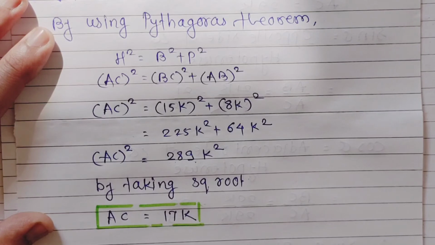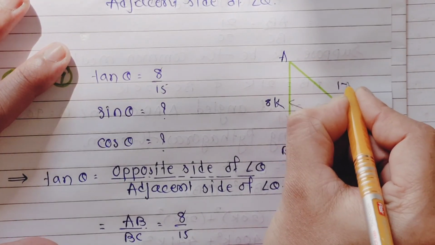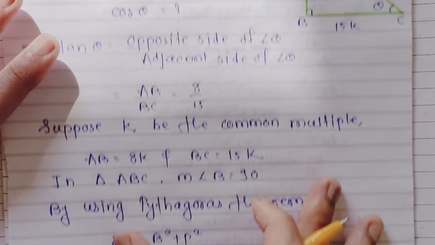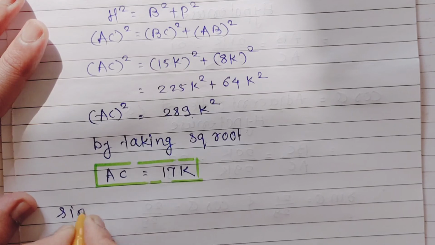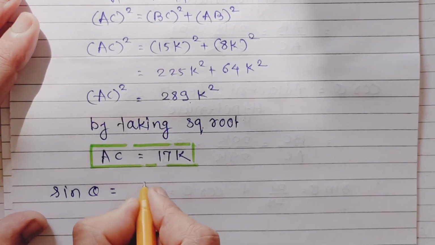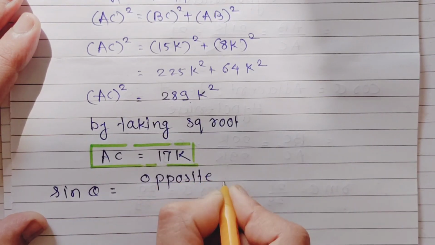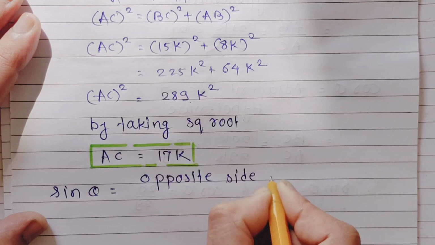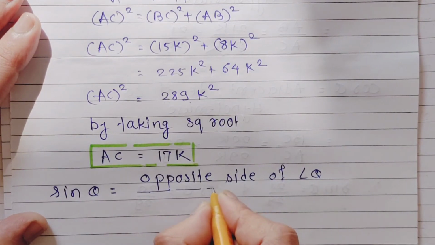So in the triangle, let us mention AC is equal to 17K. Then we have to find out sin theta. Sin theta is equal to the ratio opposite side upon hypotenuse, the opposite side of angle theta upon hypotenuse.